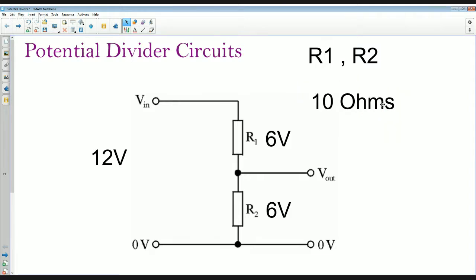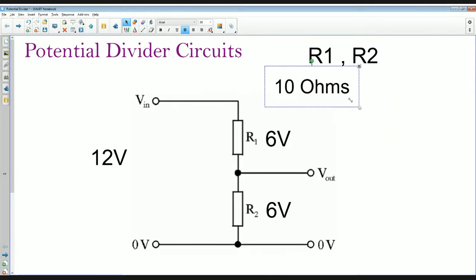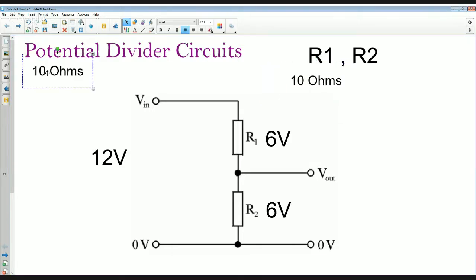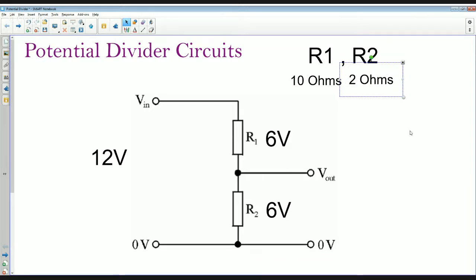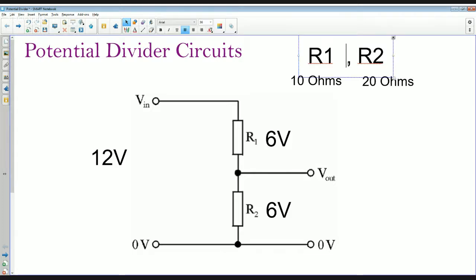So R1 being 10 ohms, and R2 being 20 ohms. Now this shows that the resistance between R1 and R2 is no longer the same.